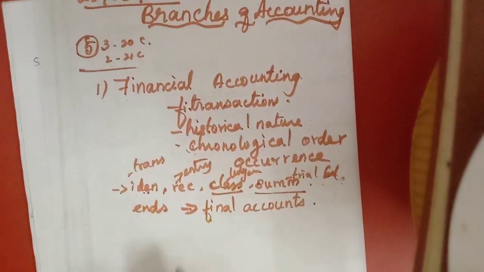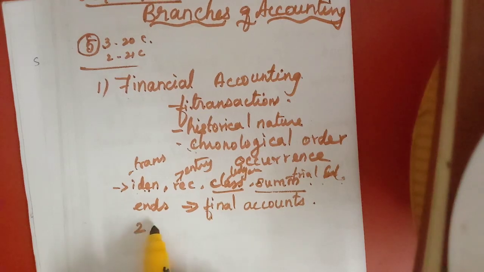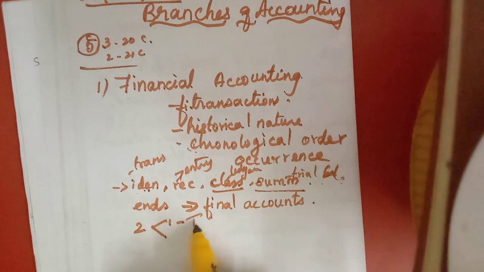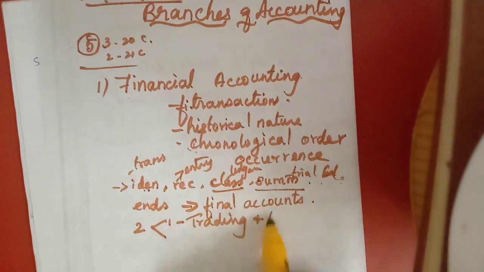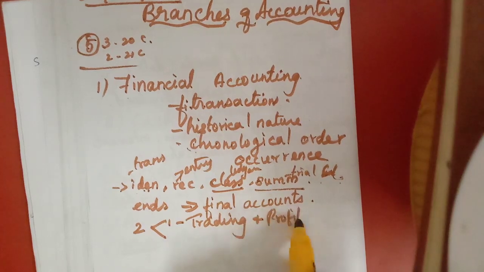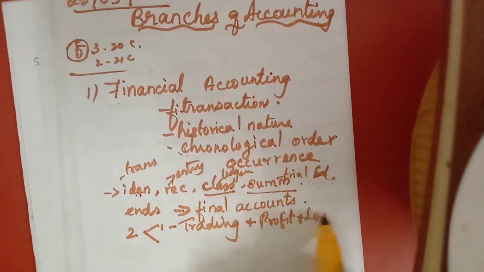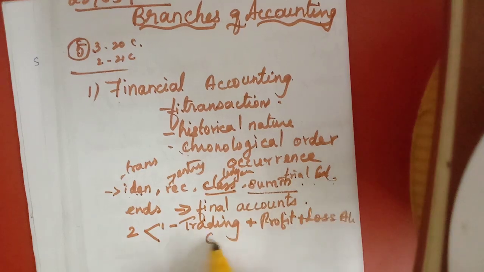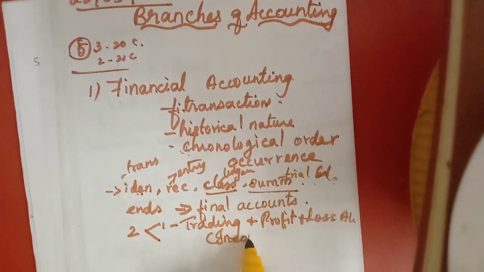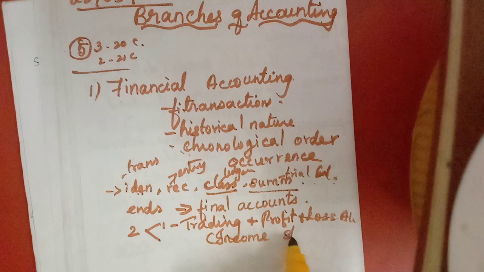The final accounts consist of 2 accounts. The first is the trading and profit and loss account, which is also called the income statement. Now they say it as the income statement.